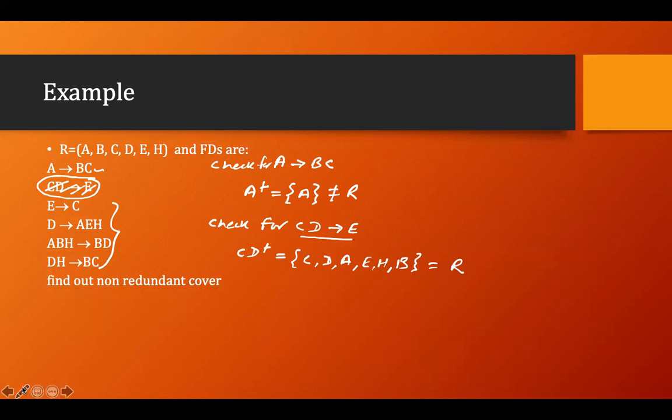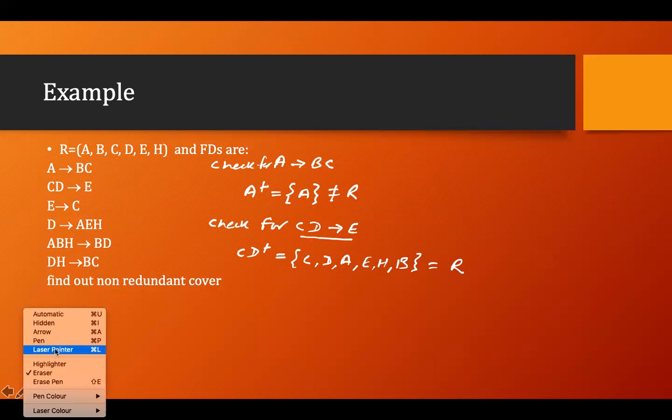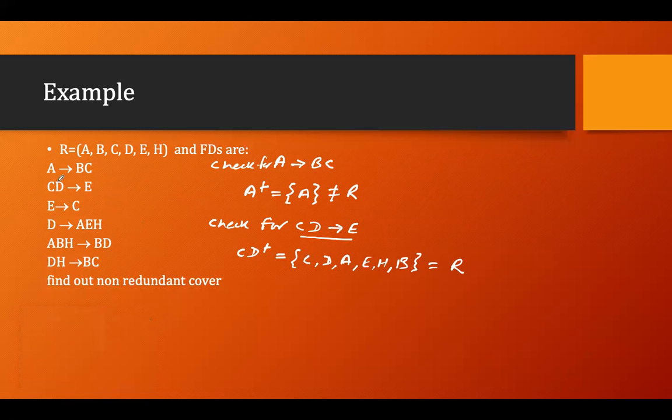So what we do here, we assume that this doesn't exist, meaning we have to remove it. So we find that this is redundant. Okay. I'll just make it a different color so that we can understand that this doesn't exist.